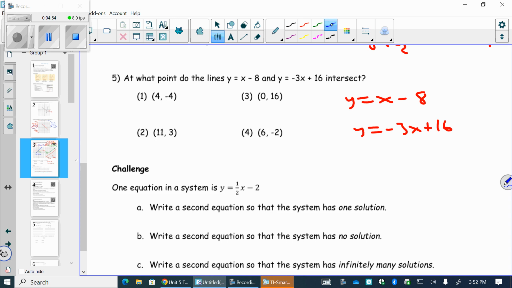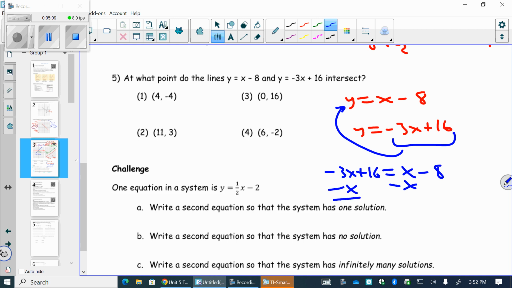So what I'm going to do is take this thing here and put it into that y, because it's substitution. So you get negative 3x plus 16 equals x minus 8. Minus x, negative 4x plus 16 equals negative 8.